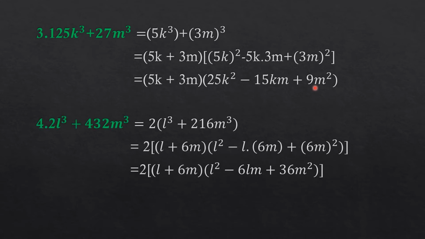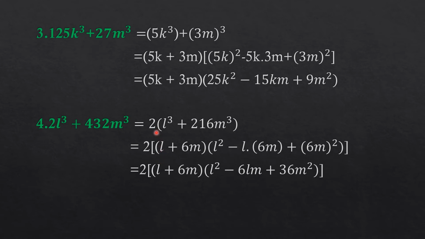Now example number 4. 2l cube plus 432m cube. Now here you can see that 2 and 432 are not complete cubes. We have to make them complete cubes.